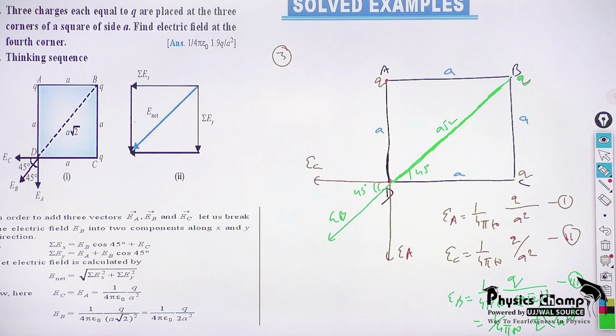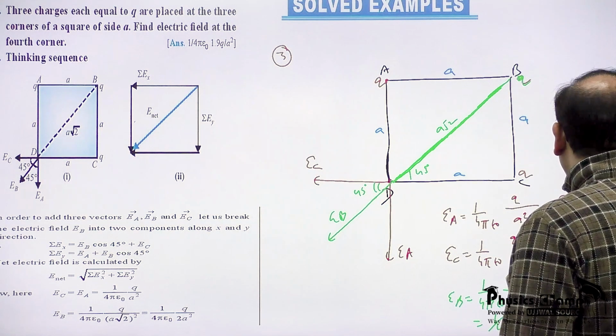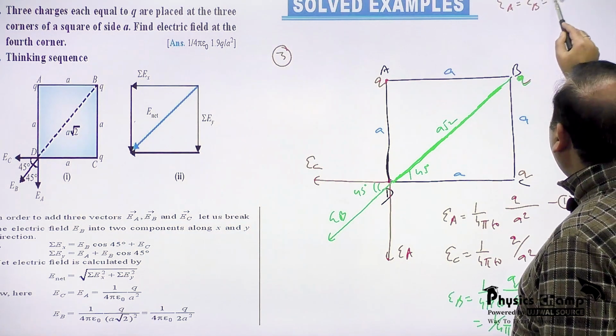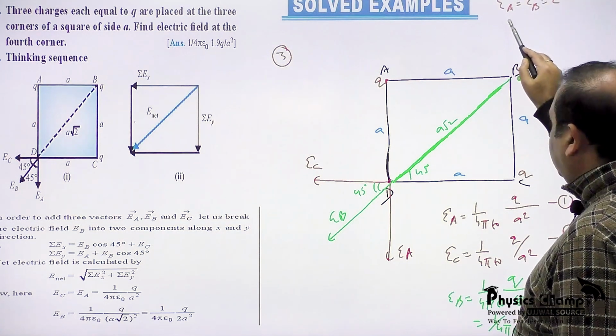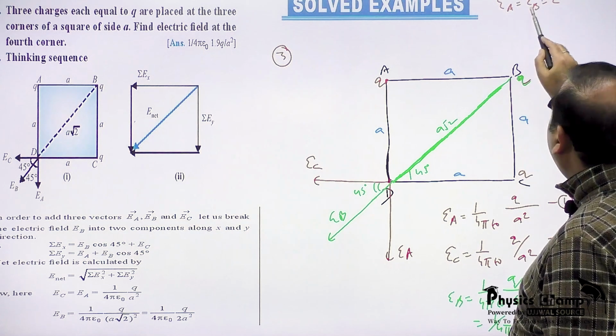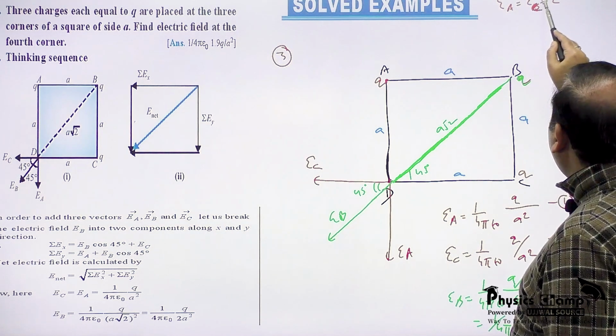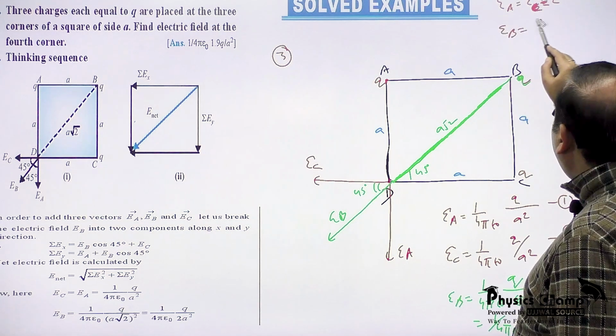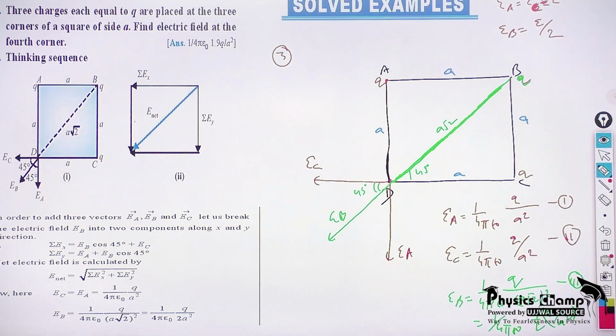So we can finally connect from here that EA is equal to EC is equal to E, where EB is in fact E by 2, Q by A square by 2.